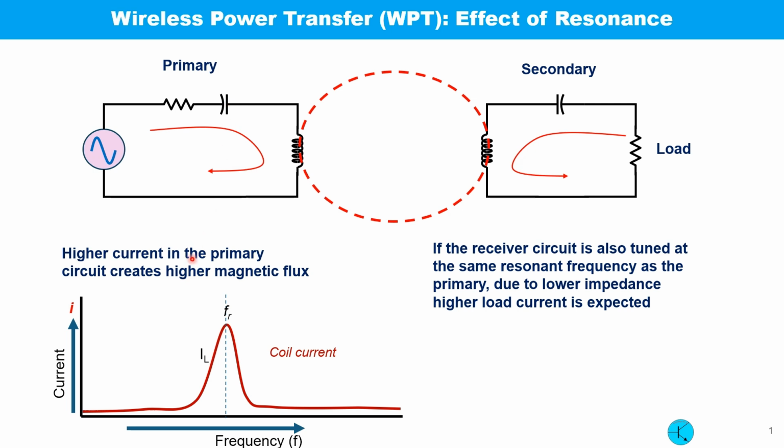At resonance, the current goes higher and higher magnetic flux is produced. The secondary coil picks up some of the flux and a voltage is induced across the coil. If the secondary circuit is tuned to the same resonant frequency, maximum power transfer can be achieved.